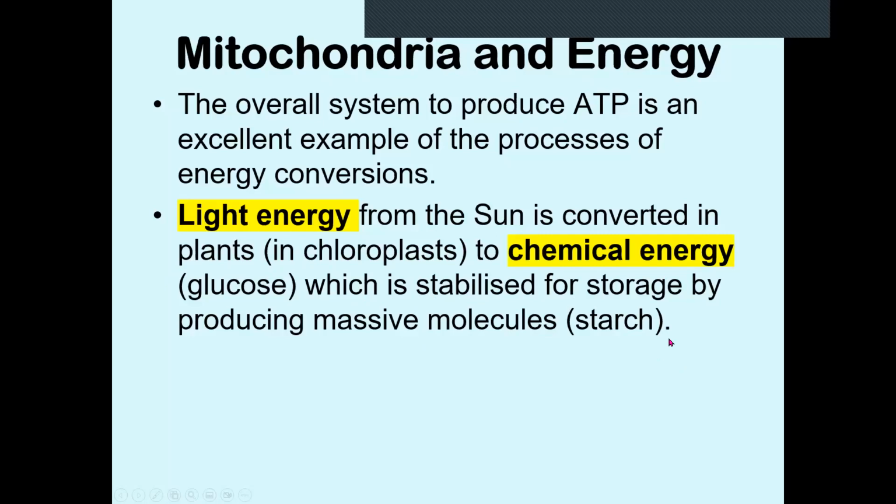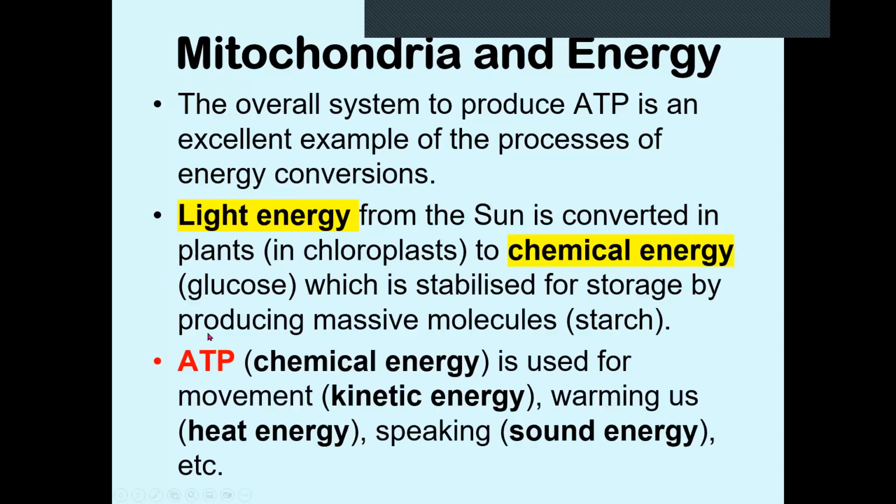Starch, which is what plants produce, is made up of a massive number of glucose molecules. Now, ATP is a chemical energy which is used for movement. That's kinetic energy. And it warms us.